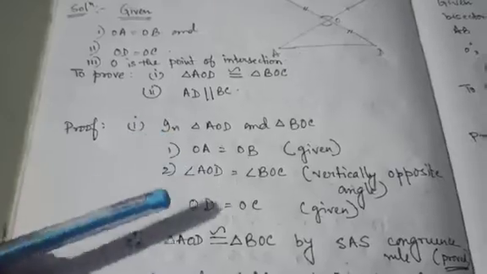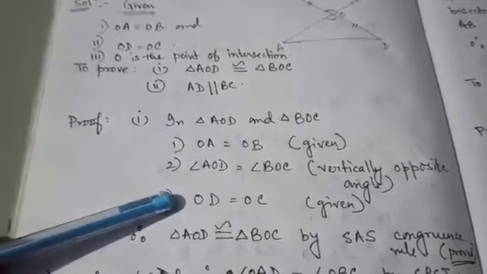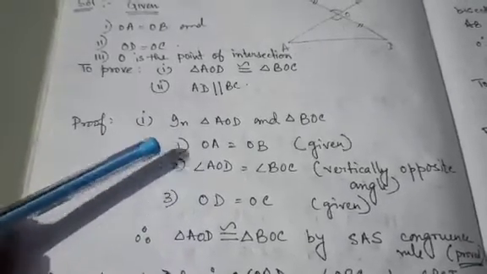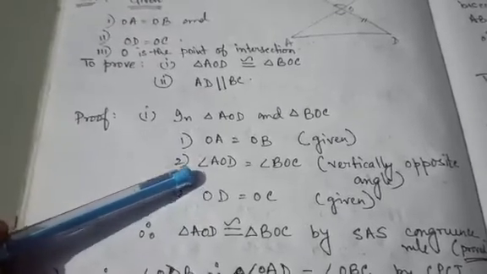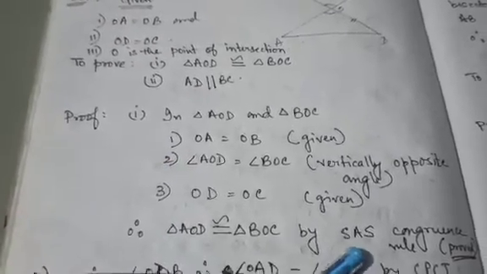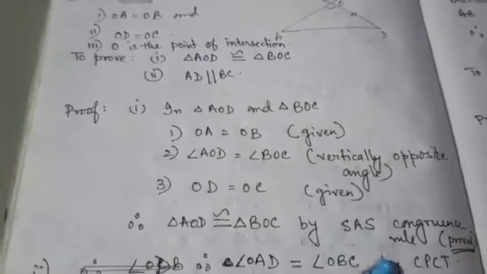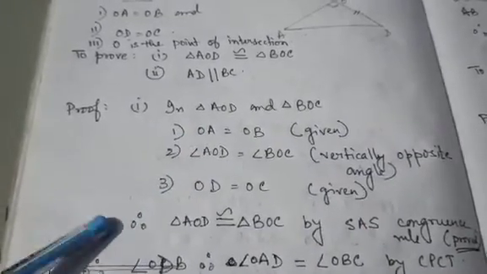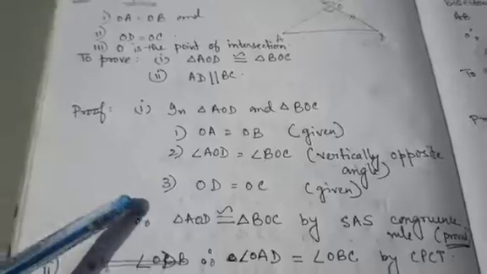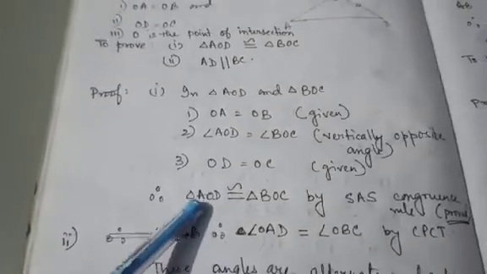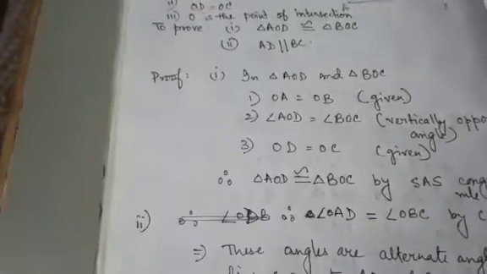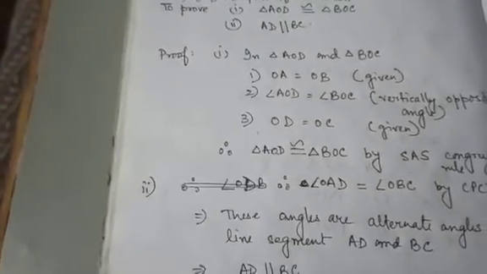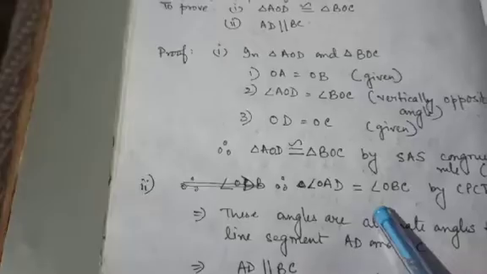So two sides are equal and one angle is also equal. So using side angle side congruency, we can say that these two triangles are congruent to each other. Now when the triangles are congruent, we can say that angle AOD is equal to angle BOC.